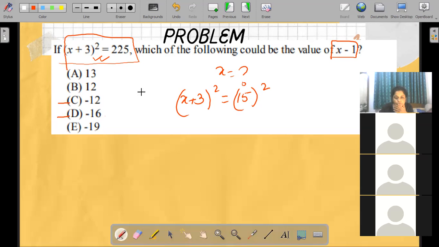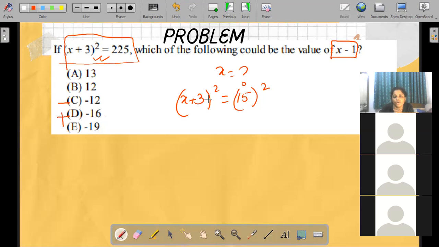Ma'am, how will you do, can you please repeat? You told that I got 15 square. Then how did you go about the problem? Ma'am, actually, from here I put in the value which gave me 15 out here. Which value was that? Minus 16, but it is wrong, ma'am. It is wrong, right? Okay, so Shraddha's answer is cancelled.